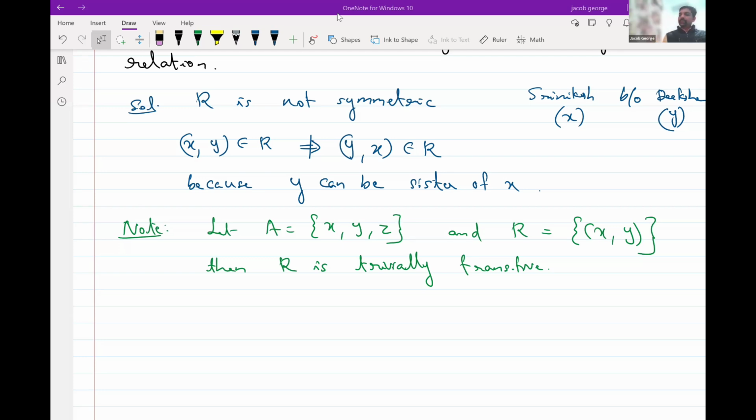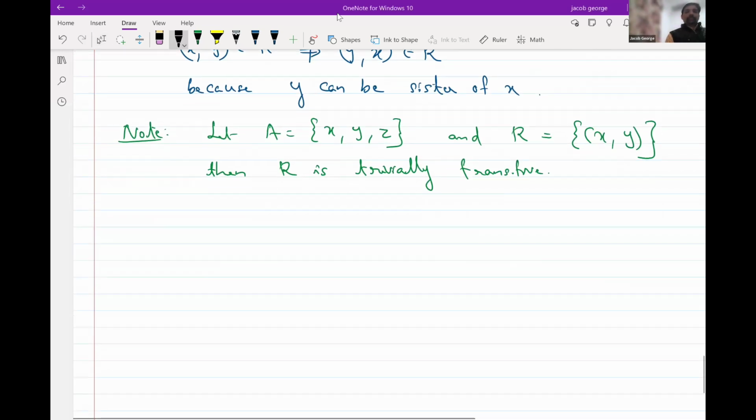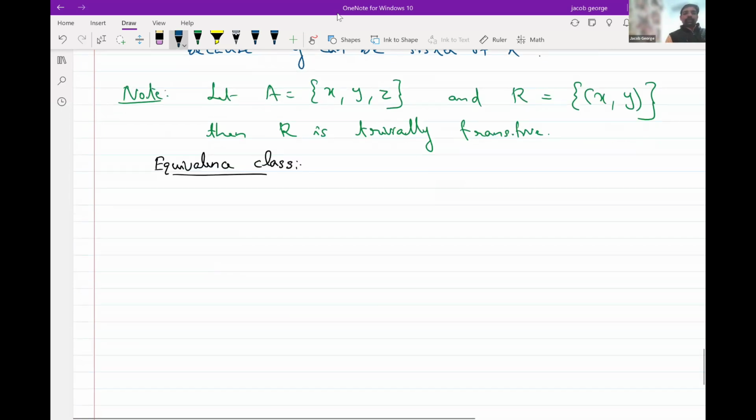Next, please write the subheading: equivalence class. So please write the explanation, then I will explain it.